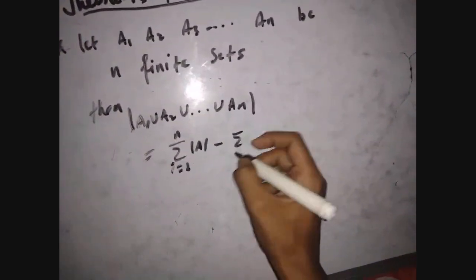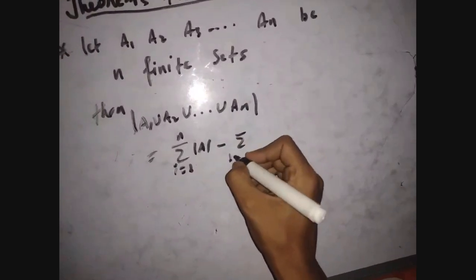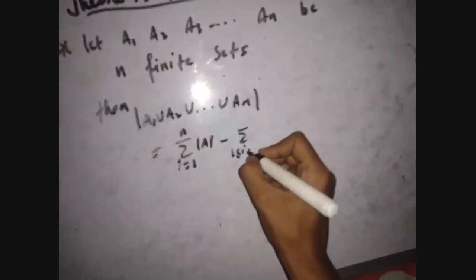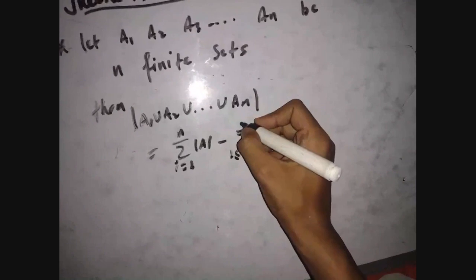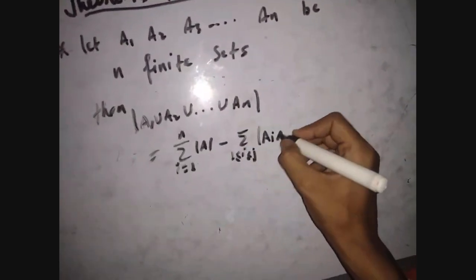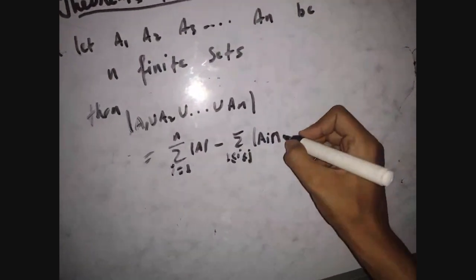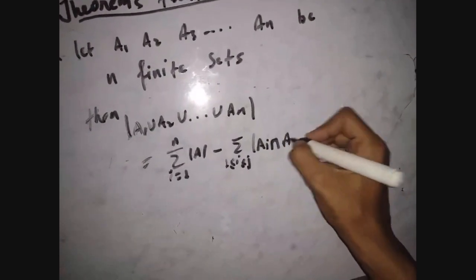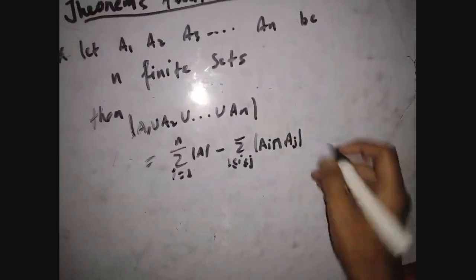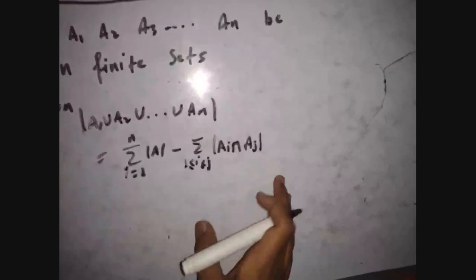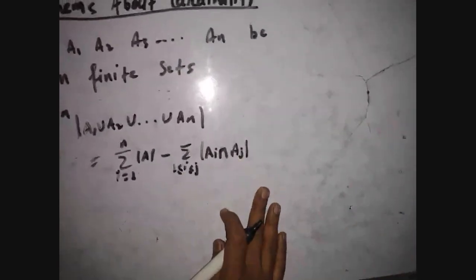minus the cardinality of the intersection of two sets taken at a time.